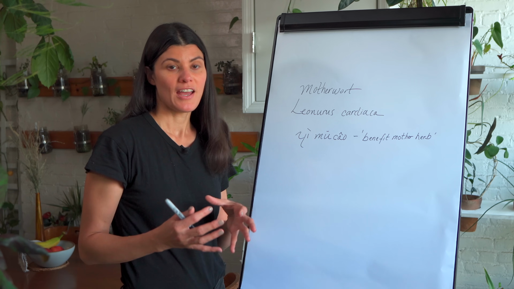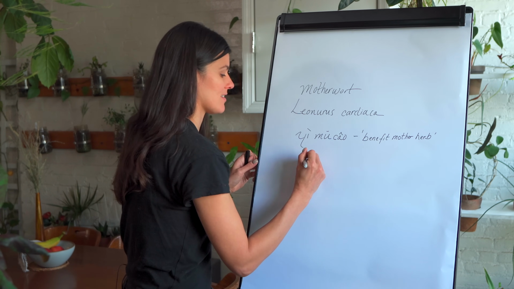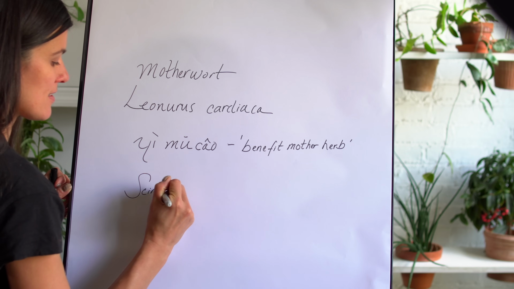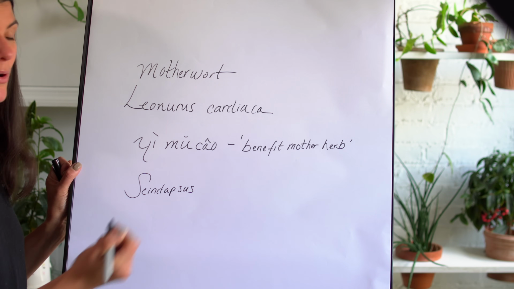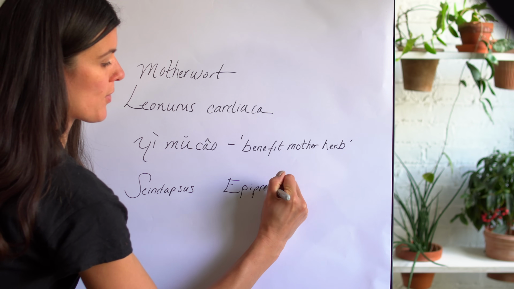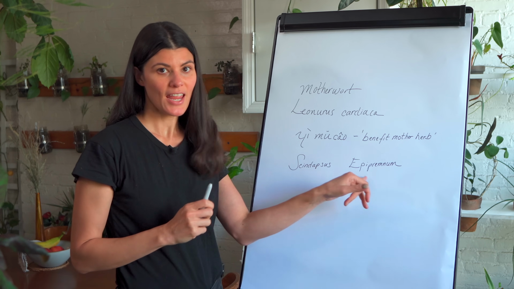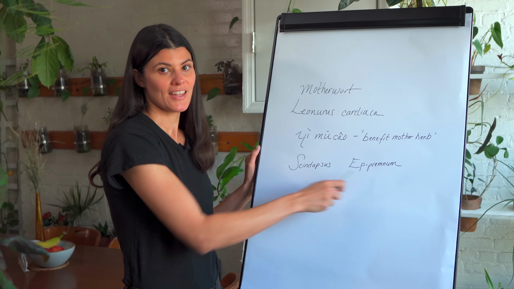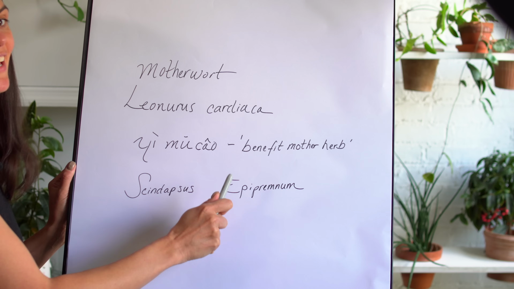However, silver pothos is in fact in the genus Scindapsus, and golden pothos is in the genus Epipremnum. So the scientific name actually reveals that these two, satin pothos and golden pothos, are in fact not in the same genus.